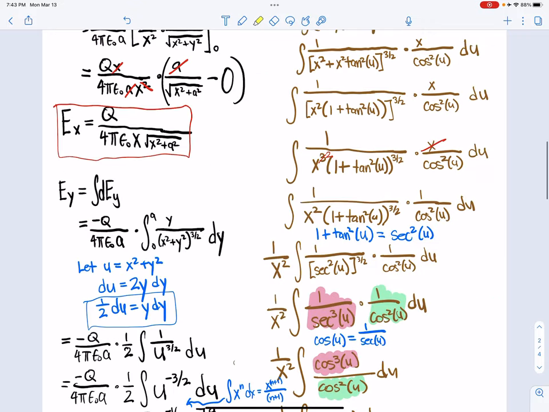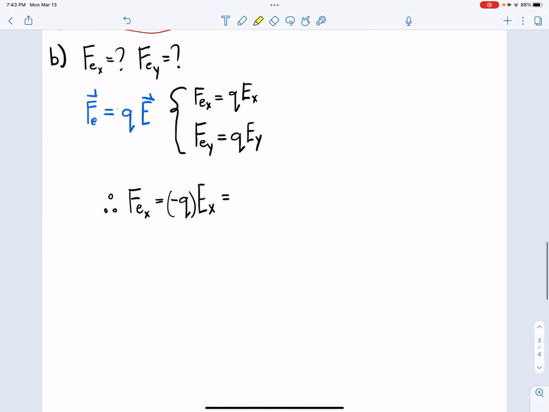That's this guy. And I'm just going to literally plug that in. Okay, that's going to be equal to minus q. Source charge is capital Q over 4 pi epsilon naught x times square root of x squared plus a squared. Okay?